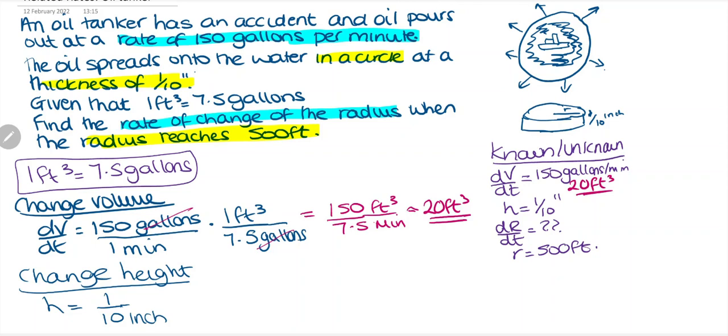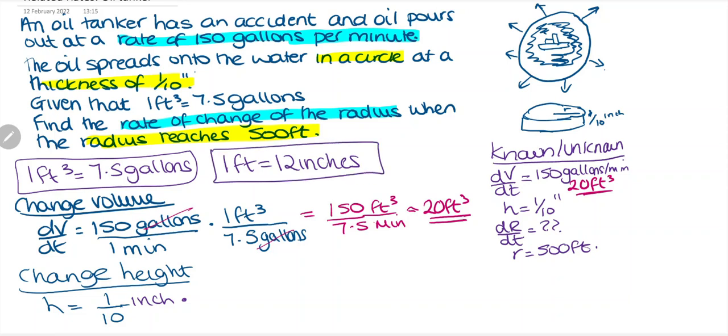Now, this is something we need to know: 1 foot is equal to 12 inches.